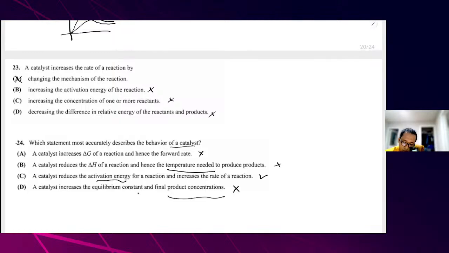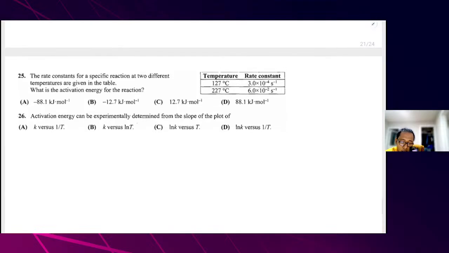Number 25. The rate constants for a specific reaction at two different temperatures are given in the table. What is the activation energy for the reaction? We have the rate constant and the temperature over here. The question is EA.